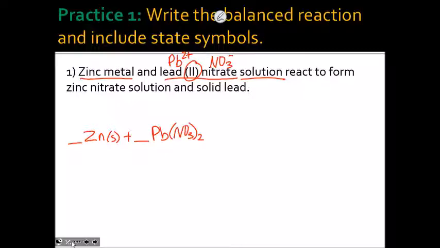Now for the state, it says solution. When it says solution, what should we automatically think of? Mixture with what? What does it mix with if it's in solution? It's mixed with water.